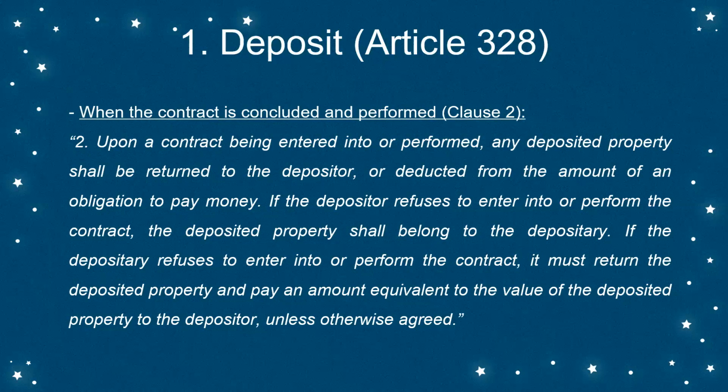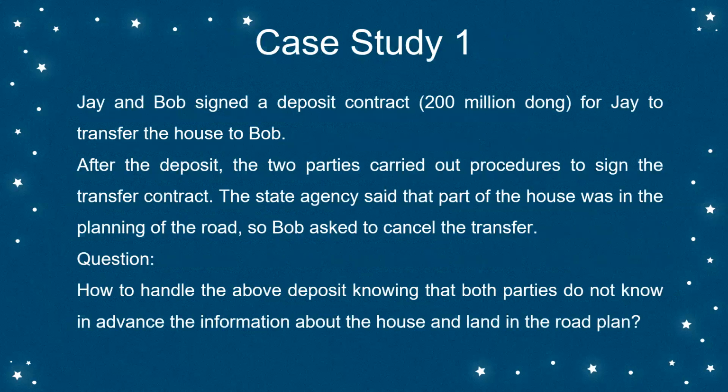If the depository refuses to enter into or perform the contract, it must return the deposited property and pay an amount equivalent to the value of the deposited property to the depositor, unless otherwise agreed.